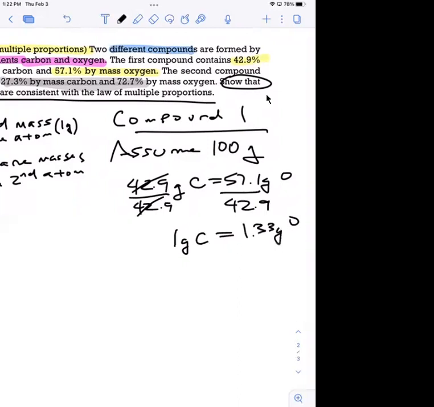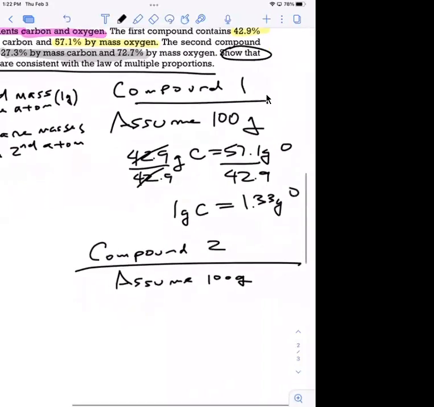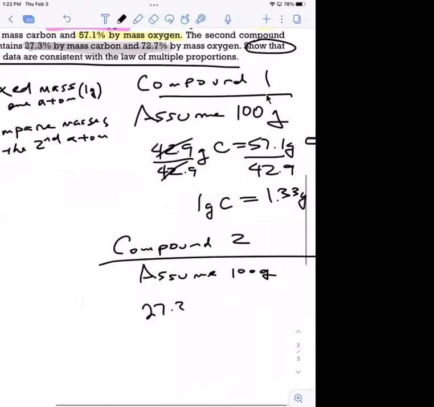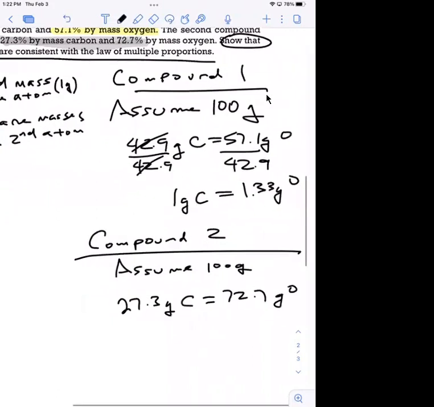All right, let's do the same calculation for compound 2. We're going to assume 100 grams of that as well. So what are our numbers? 27.3 grams of carbon equals 72.7 grams oxygen.